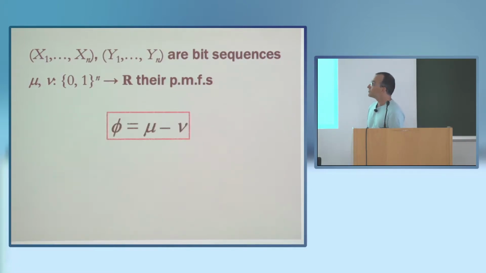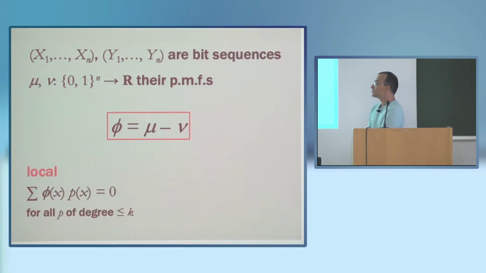And the trick is to look at the difference of the probability mass functions. I can think of this as a real valued function. Sometimes it takes positive values when I share a 0. Sometimes it takes negative values when I share a 1. The nice thing about this representation is that local security has a very compact encoding in this formula. Local security means that this function is orthogonal to all low-degree polynomials.